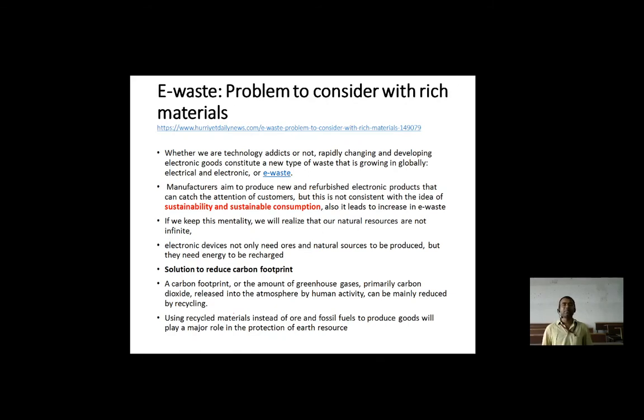So electronic devices not only need ores and natural resources to be produced, but they need energy to recharge. Obviously the main issue with electronic gadgets is that they need extra power to run themselves.